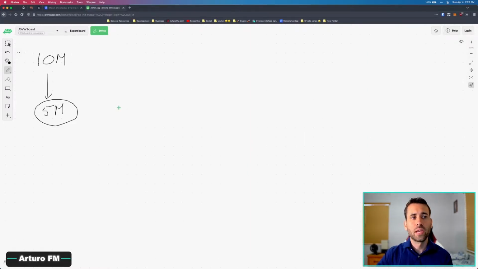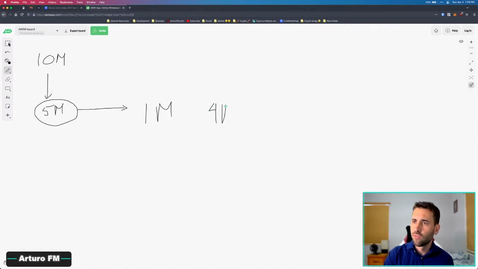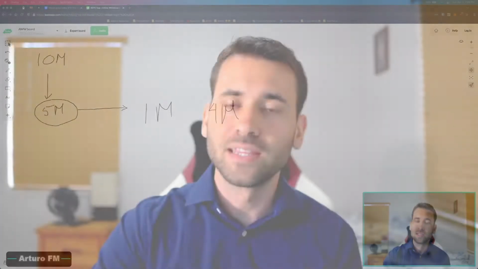Now, we're going to get into circulating supply. So out of these outstanding shares, let's say that I own 1 million shares and that another person owns 4 million shares. So you may be asking yourself, what is circulating supply? Well, circulating supply is basically the amount of shares that are available to the public and that the public holds.